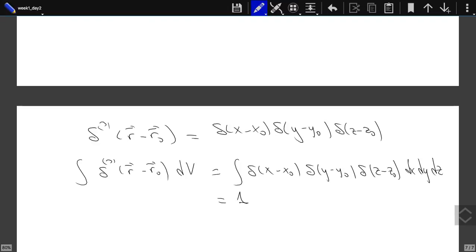I have something about the mathematicians' view of this. They don't like that we call this a function. They call it a distribution. If you want to talk with a mathematician about these Dirac delta things, don't ask them about the Dirac delta function. Ask them about the Dirac delta distribution. Why is it problematic for mathematicians?